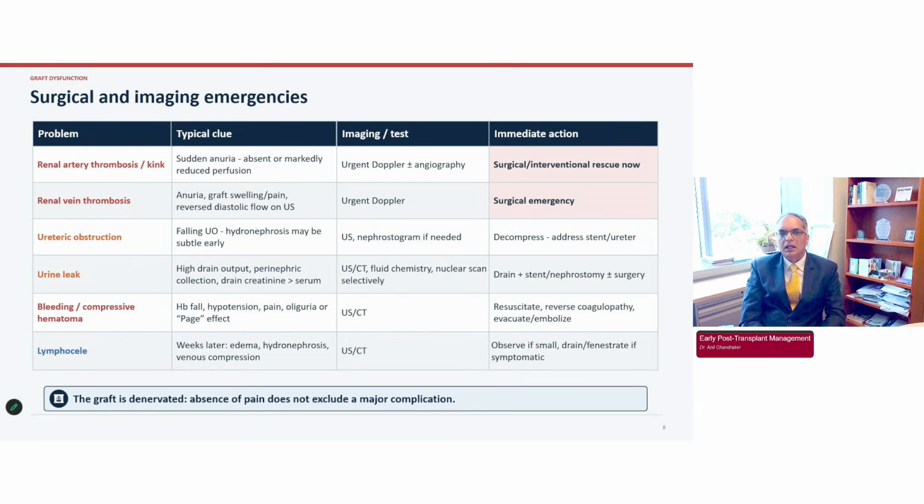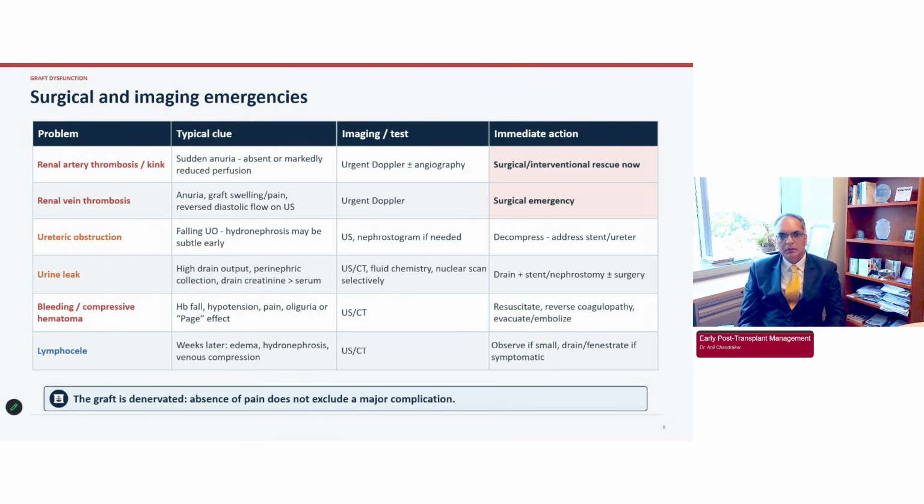On the other hand, it is easy to overdiagnose hydronephrosis in a transplanted kidney because you will see some laxity of the tissues and some bulging, which may be mistaken for hydronephrosis. Obviously, if you see that, then the key is to decompress the kidney either with a drain or, depending on where the obstruction is, a Foley catheter needs to be placed.